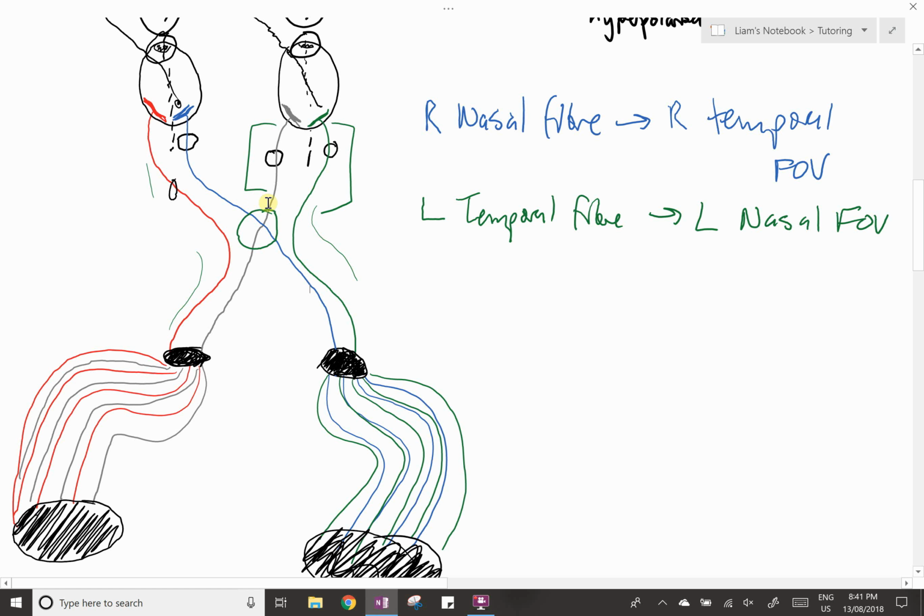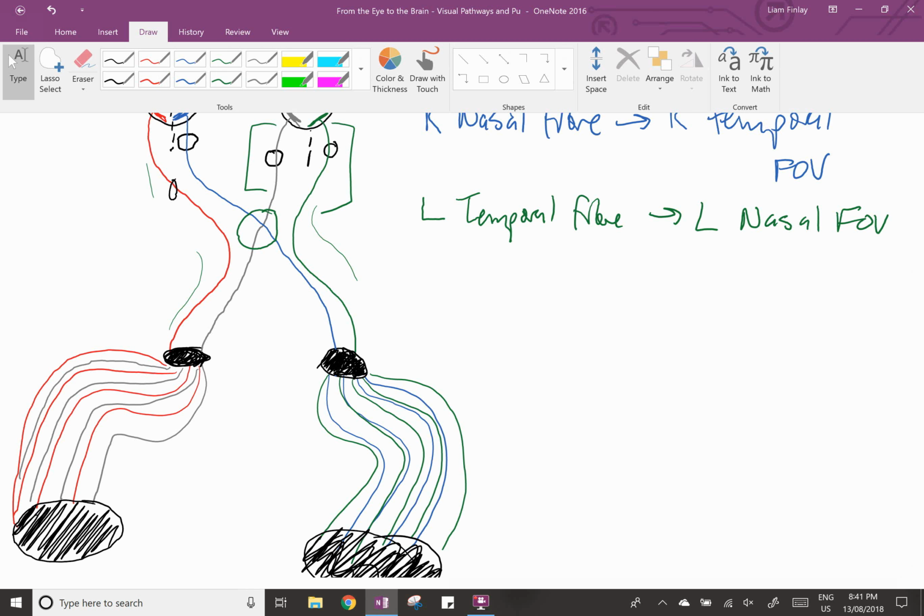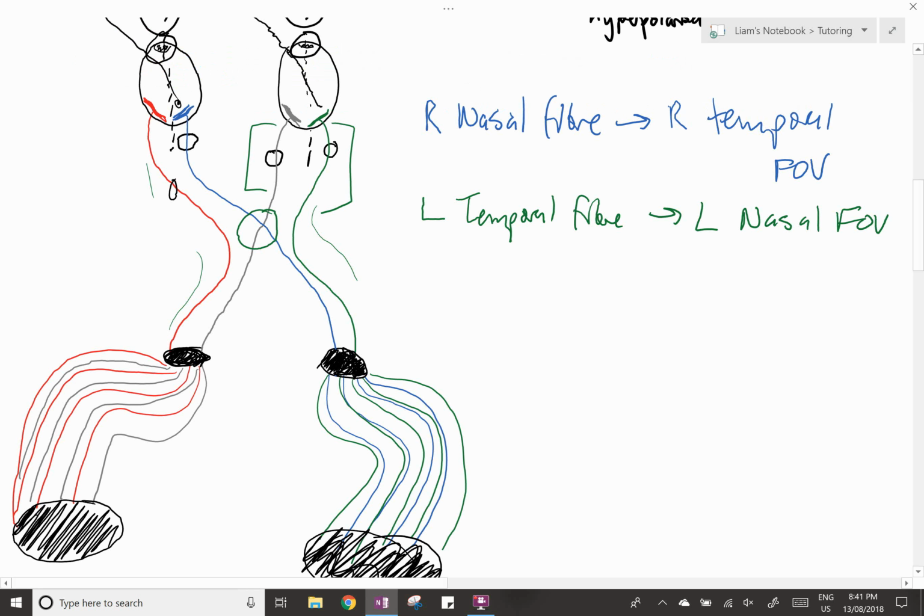Some key anatomical landmarks that I'll point out just at this point now. We have the internal carotid artery sitting on either side of the chiasm.